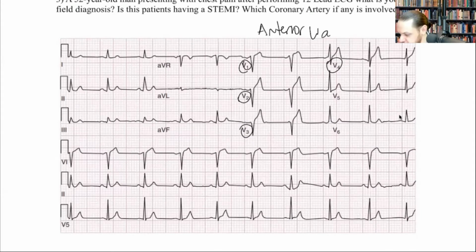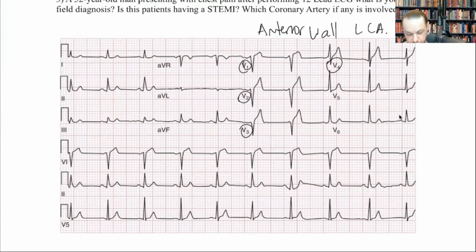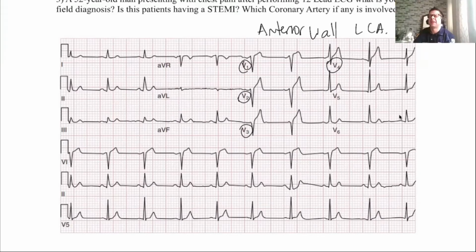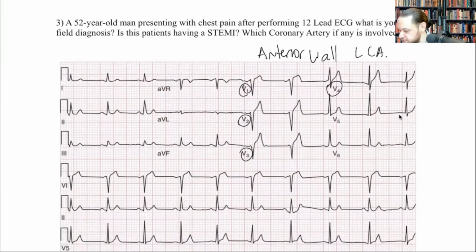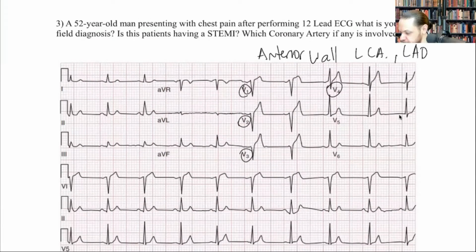Which coronary artery? It's anterior septal, so that might be the left coronary artery, but any specific branch? The left coronary artery has 2 branches, the circumflex and the LAD. LAD, okay.